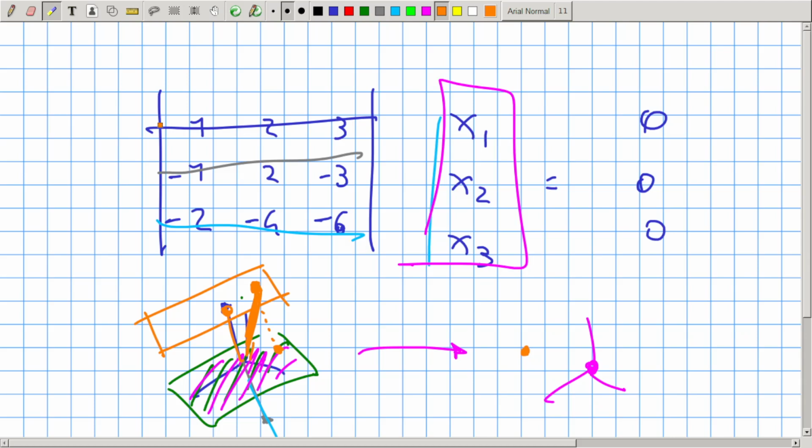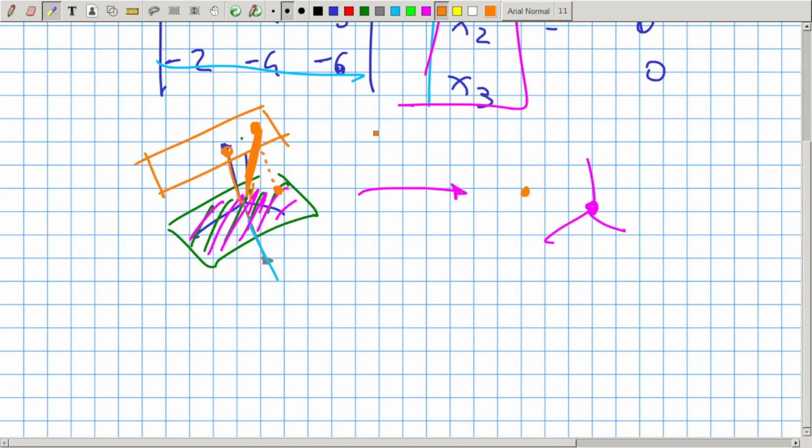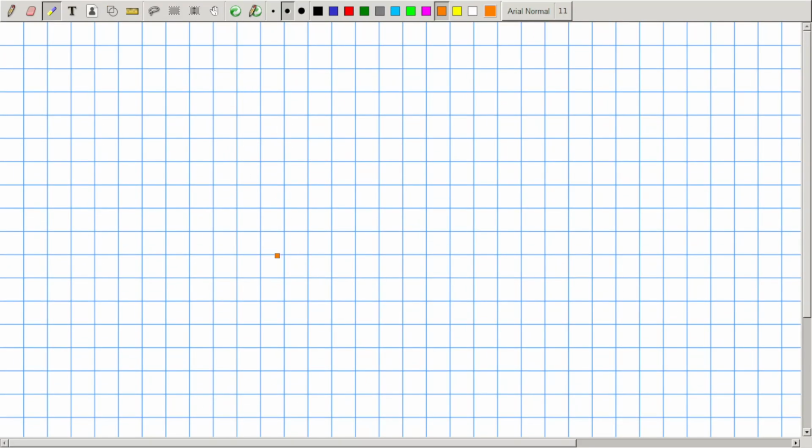You see it? So, do you see it, people? I should do it a little bit bigger. I do it in a different page because this is important. Are we together?